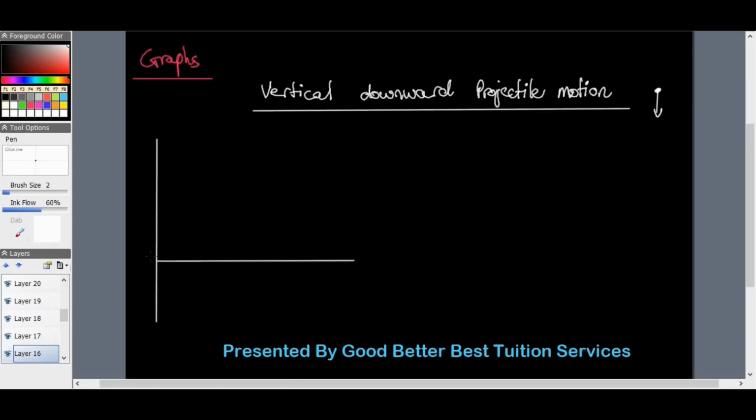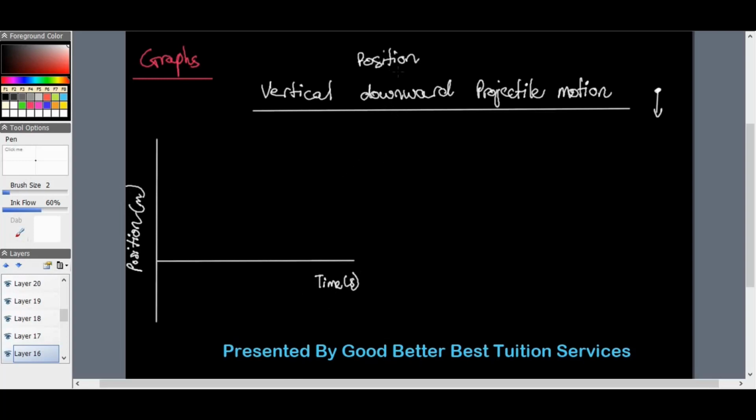Of course we've got our position, which I just need to write on the side here. Position, remember we label the y-axis as position in meters. And of course we have time in seconds on the x-axis. This is the position-time graph.